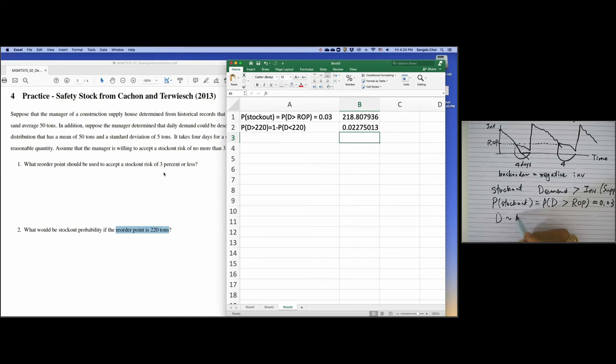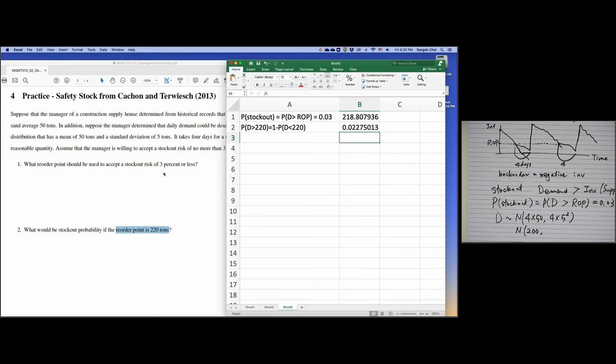Demand follows 4 times 50 for the mean, 4 times the variance. Then again, you can rewrite this. If you have 50 demand every day, then during 4 days your average demand will be 4 times 50, 200. And your variance is 25. I mean the standard deviation is 5, but your variance is 25.